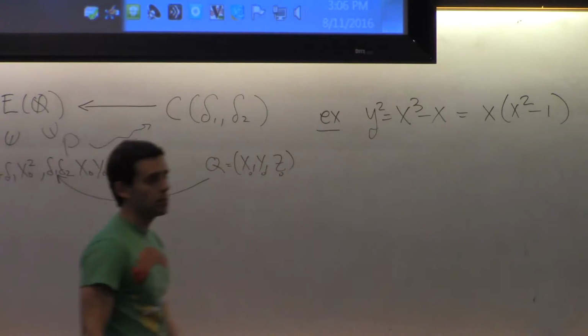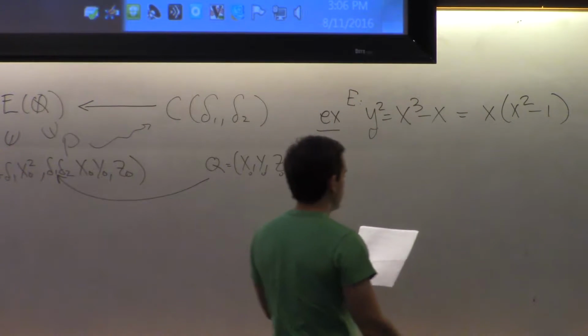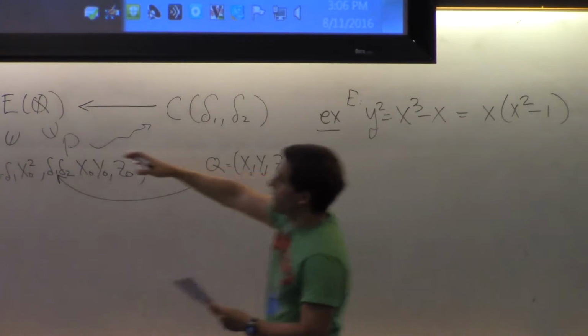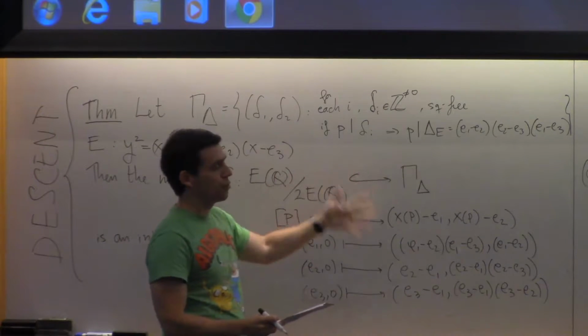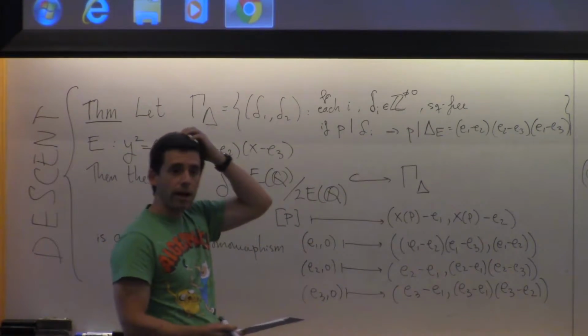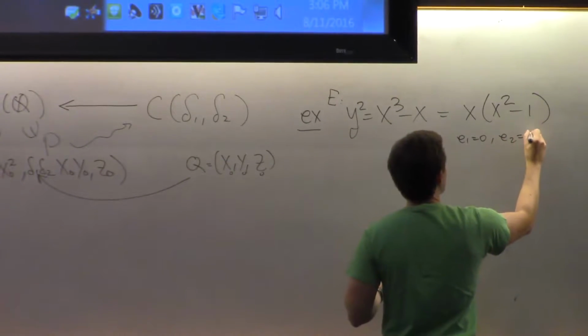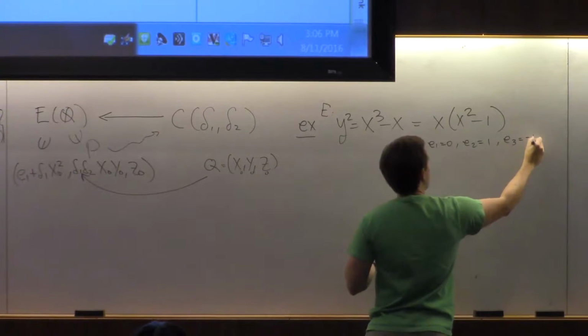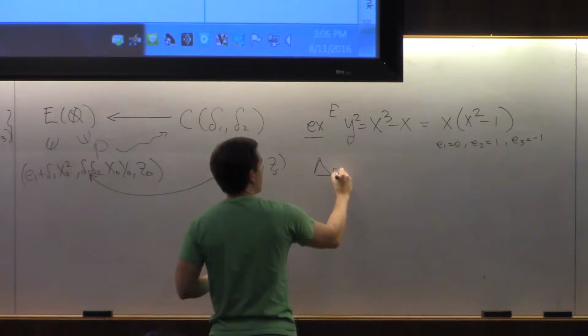Okay, so this is my elliptic curve E. And remember we defined this map and we said this is an injective homomorphism, and I'm going to try to use that to calculate what the rank is. All right, so here my e1 is going to be 0, my e2 is going to be 1, my e3 is going to be -1. What is the delta here?